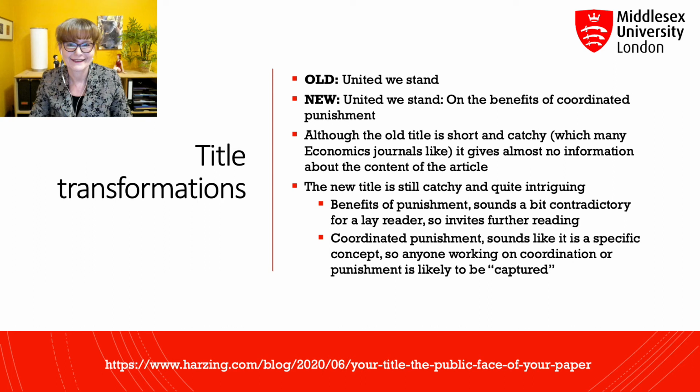This is an example from an economics article, and the old title was really short. This is something that many economics journals seem to like, so that's not a problem. But United We Stand, it could be about almost anything in the world, so you have no indication at all what the article is about. So the author added a subtitle on the benefits of coordinated punishment. This still leaves a fairly short and catchy title, but the subtitle explains a bit more what the article is about, but it's still quite intriguing.